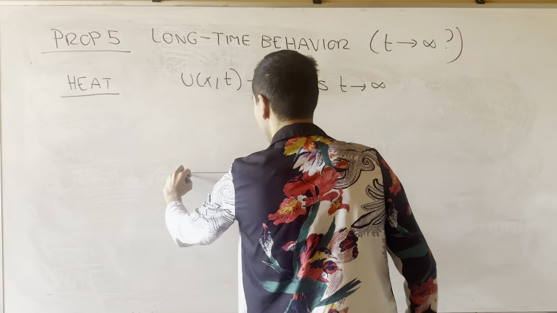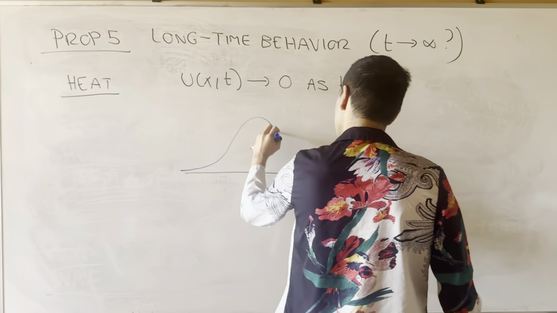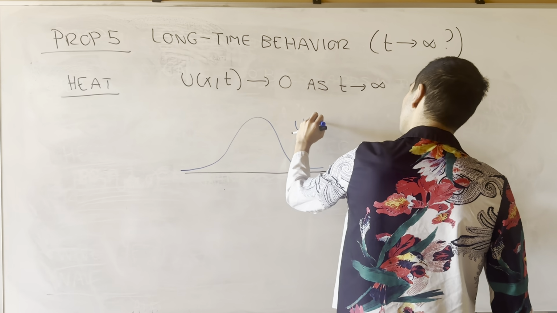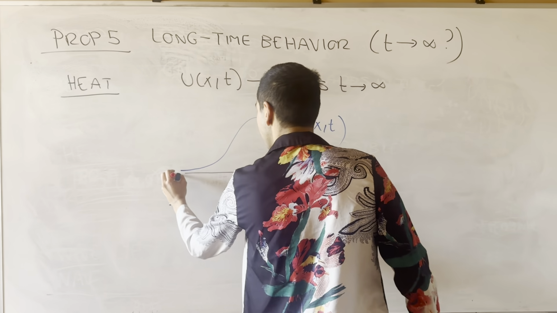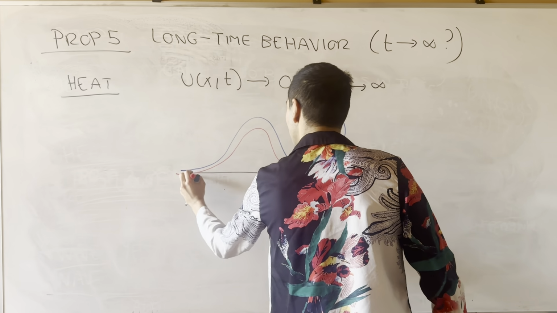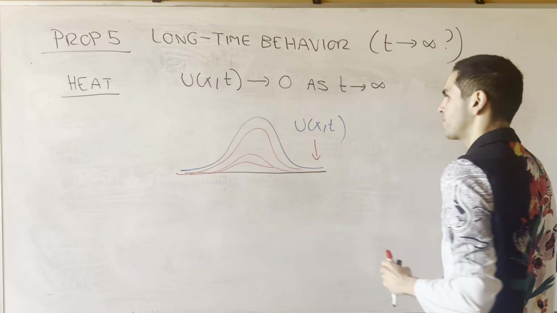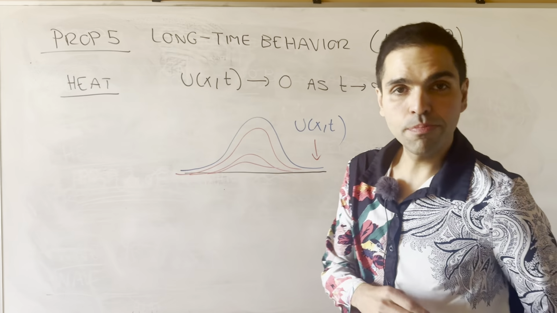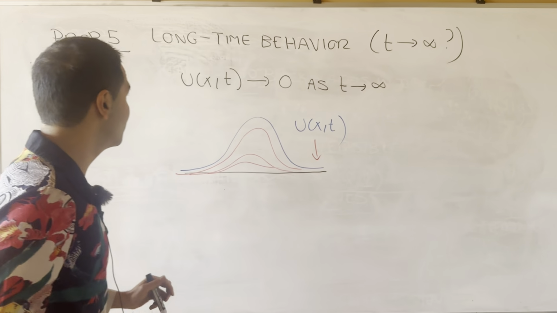Suppose the heat equation looks like that, u of x,t. Then as t gets larger and larger, eventually things slow down. And this is simply because the heat kernel itself goes to 0 as t goes to infinity.